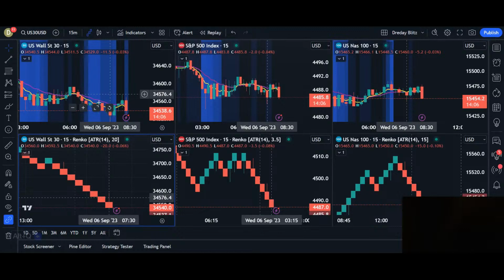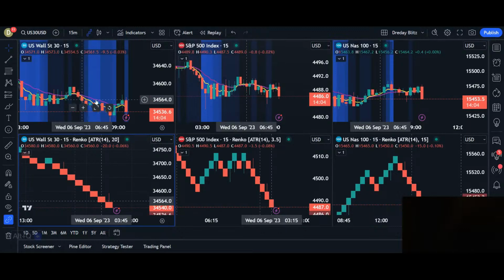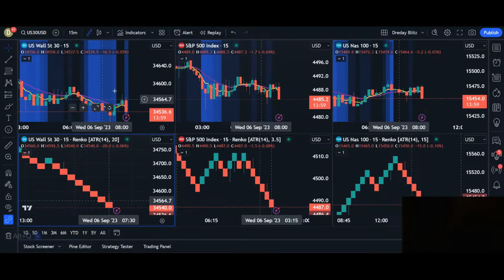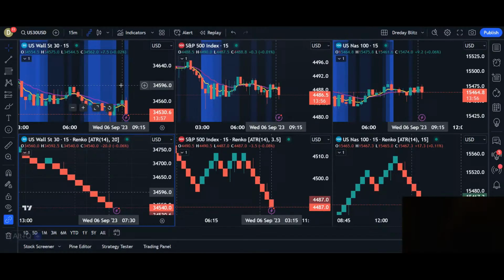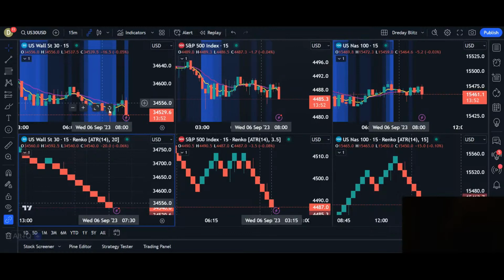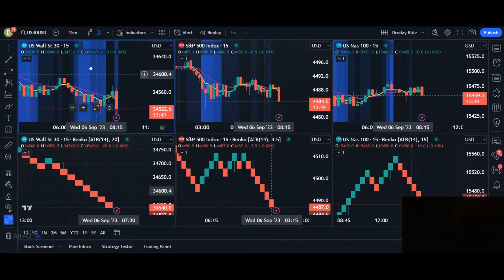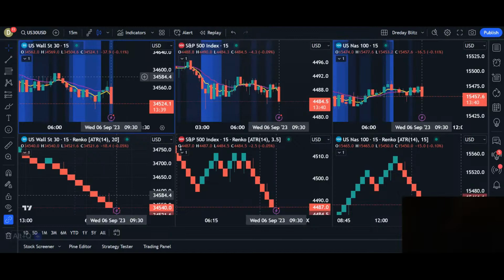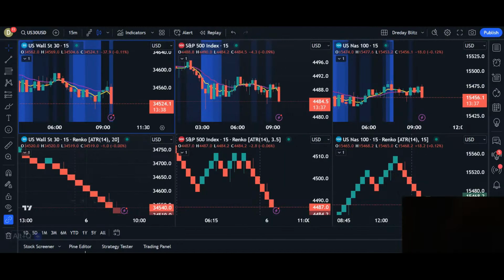Basically, we're looking for a trend continuation related to the EMAs. I have three EMAs here, or two, right now I only have two. Depending on where the market goes, if it's under the EMAs, we're looking for a bearish movement. If it's over the EMAs, it's a bullish movement, and it should be in correlation with the Renko bars.